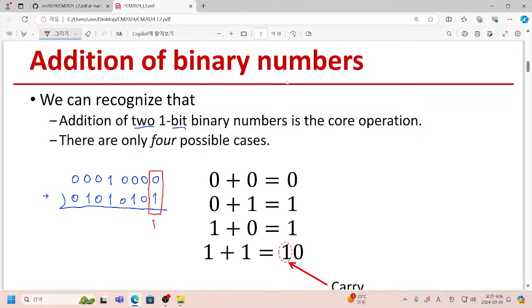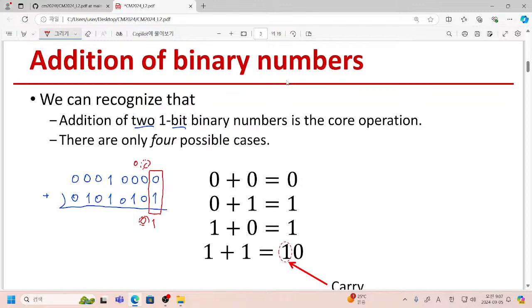Depending on their combination, sometimes we can have a carry bit, and the sum of these three binary numbers will give us another sum, in this case 0, and will generate another carry. So we can just repeat this simple operation again and again, and eventually get another 8-digit number as the result of addition.